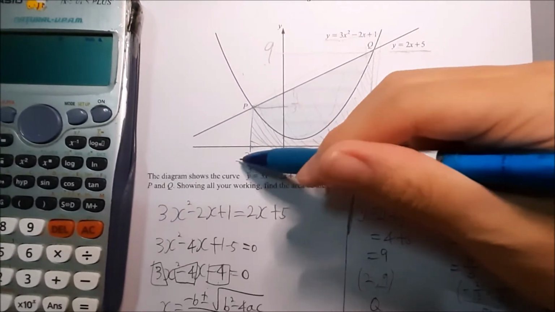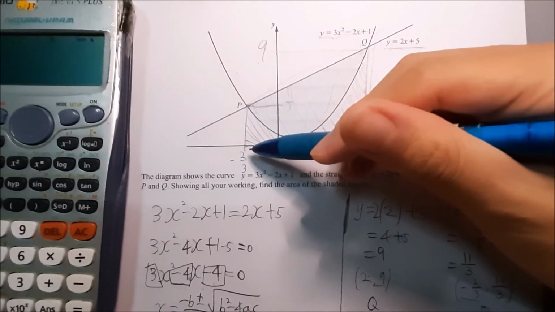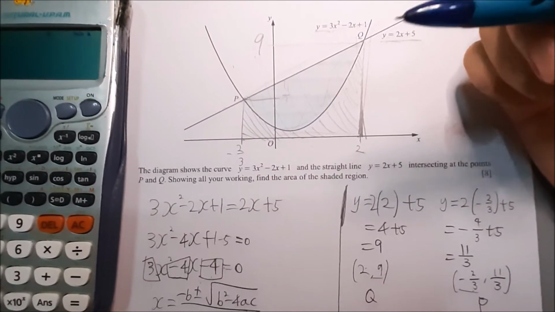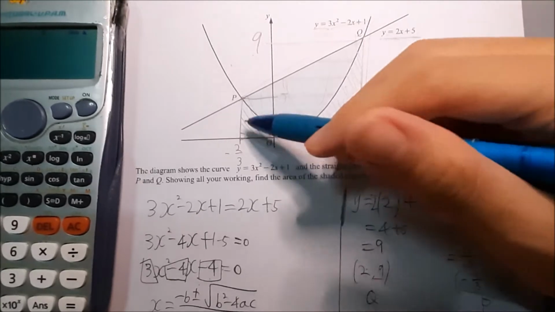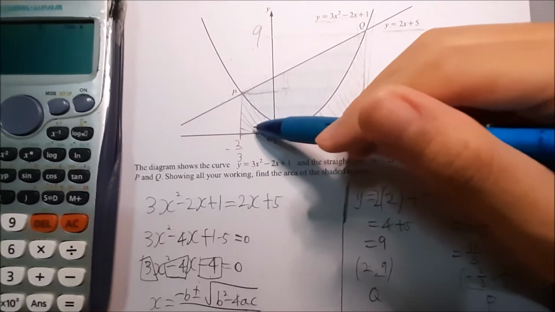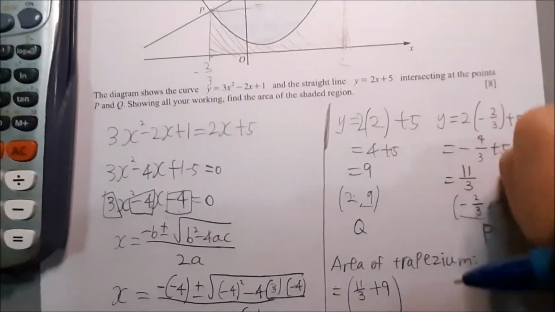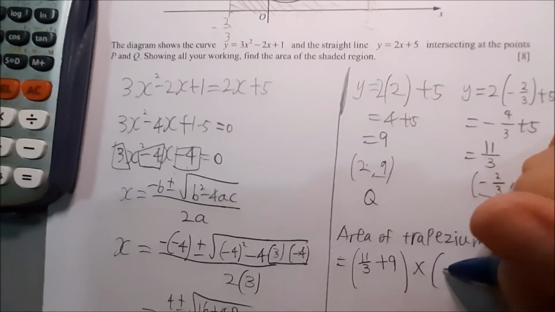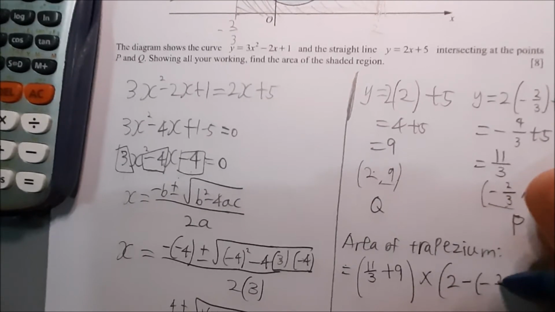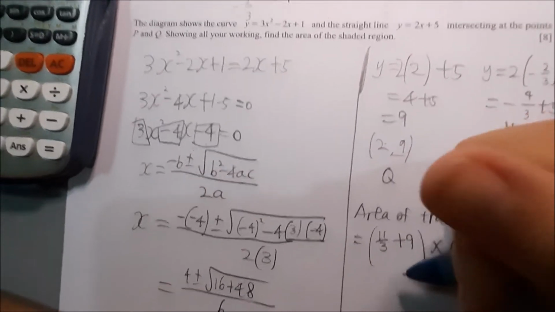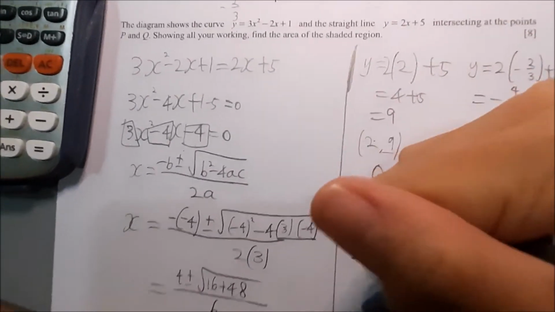So it's 2 minus minus 2 over 3, because you have to get the difference of these two values to get the length of the height. So times the height, which is 2 minus minus 2 over 3, and divide this whole thing by 2.